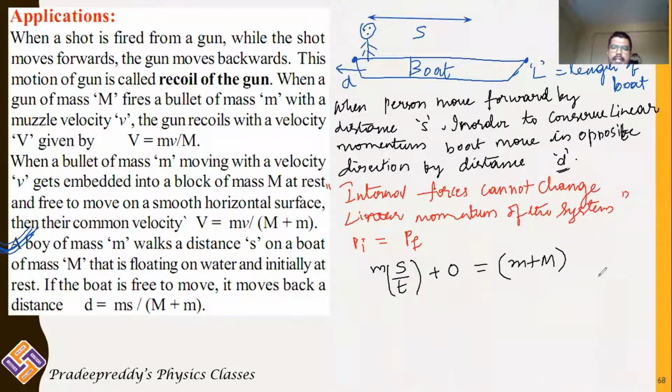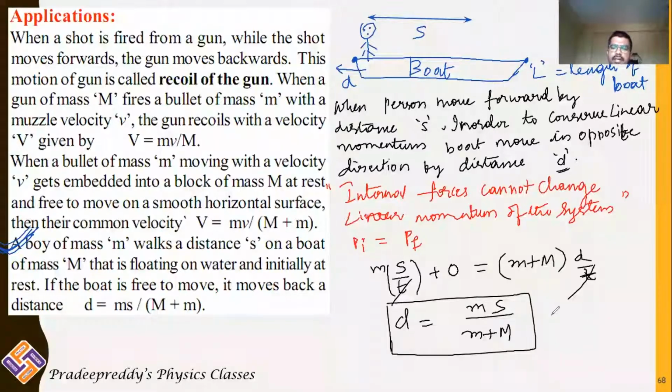That distance I am writing as d, divided by time taken t. So from here, on both sides you can cancel this t. As a result, d can be written as mS divided by m plus capital M. Fine. So this is the distance traveled, where d is equal to the distance traveled by the boat.